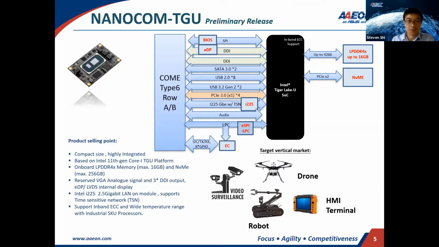And also for HMI terminals. We have a customer who uses the Type-10 module to integrate into their handheld terminals, used for industrial control purposes, same as I introduced with the Type-6 module, and also for the control terminal for the drone.